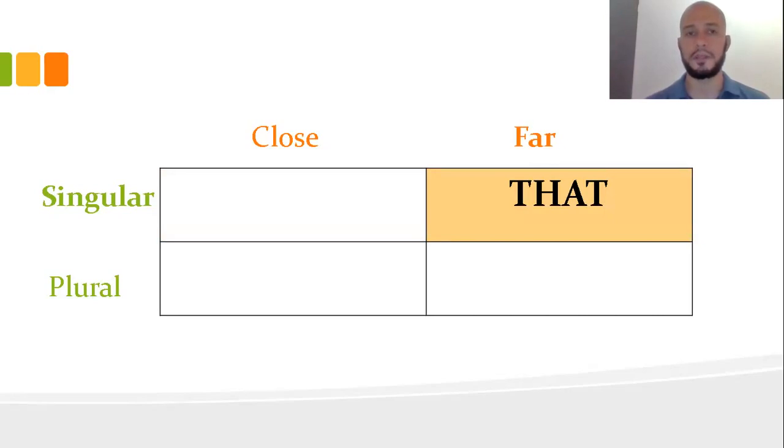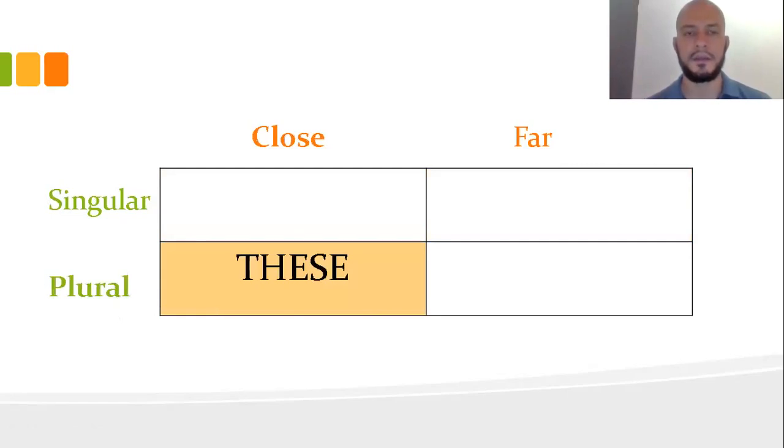Now we are going to continue with the row down. Here, I'm going to show you plural. So we are going to consider plural nouns, but in this case, those nouns are close for me. So if this is the case, I'm going to use these. And finally, on the same row, we continue speaking about plural nouns, but the nouns are far for me.